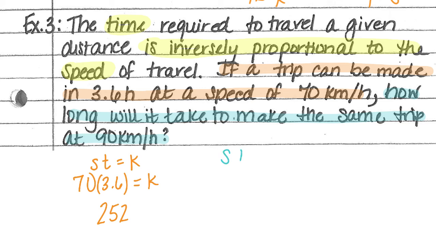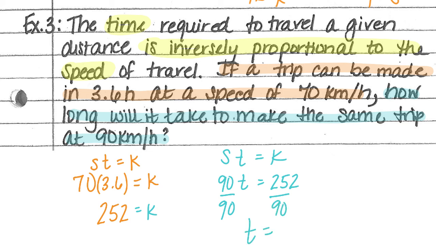So I know I have that ST equals k. I did find out that my k was 252, and they're asking us for the time, and I know that 90 is going to be multiplied by t. When I divide each side by 90, t is equal to 2.8 hours. So the answer is 2.8 hours.